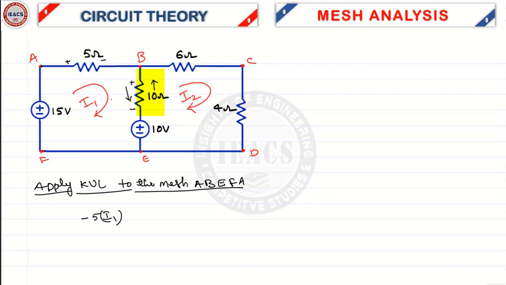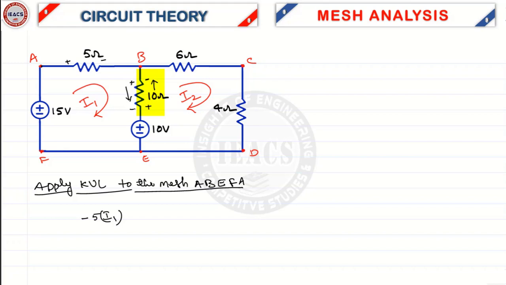So this resistor is common to both mesh 1 and mesh 2. According to the second mesh current I2, because it is entering at this terminal, this terminal will be positive and this terminal will be negative. This resistor has a voltage drop across it due to these 2 currents. Because the 2 currents are in opposite directions in this resistor, they will develop potentials in opposite directions.